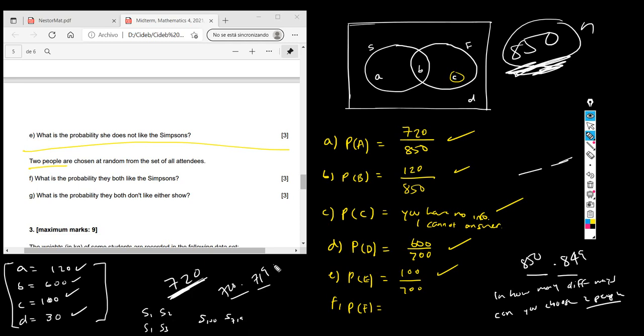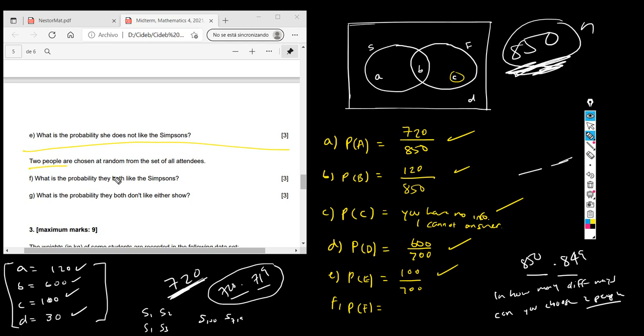All these possible combinations are already accounted for by this quantity. So these are all the possible combinations of two people that like The Simpsons that you can get out of this many people, and these are all the possible combinations that you can make out of these many people.